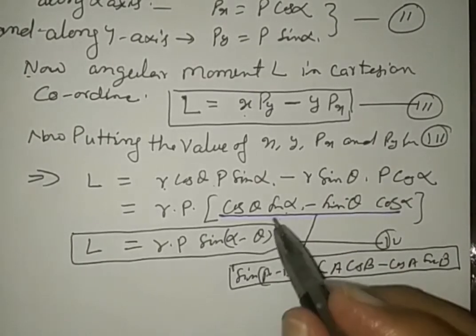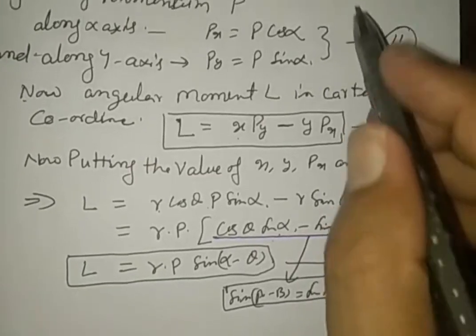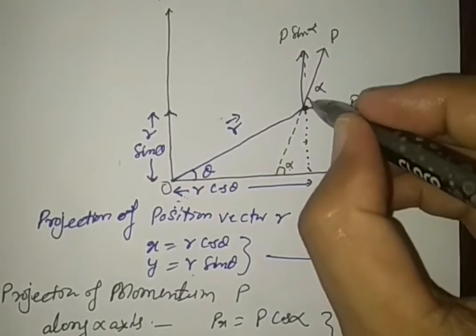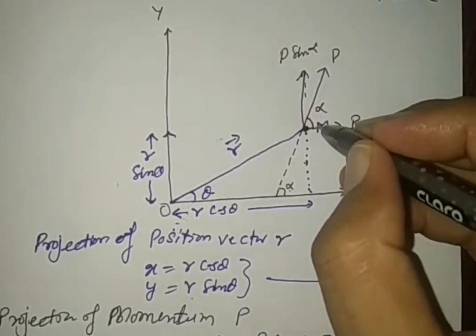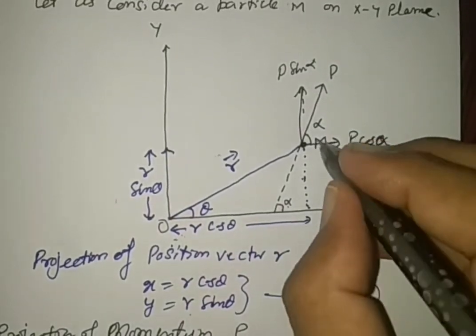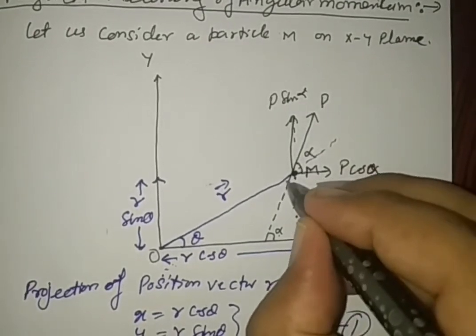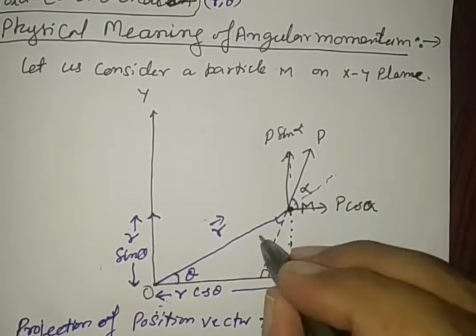Now, to know the value of alpha minus theta, see the diagram very carefully. Right? Let this angle be phi.